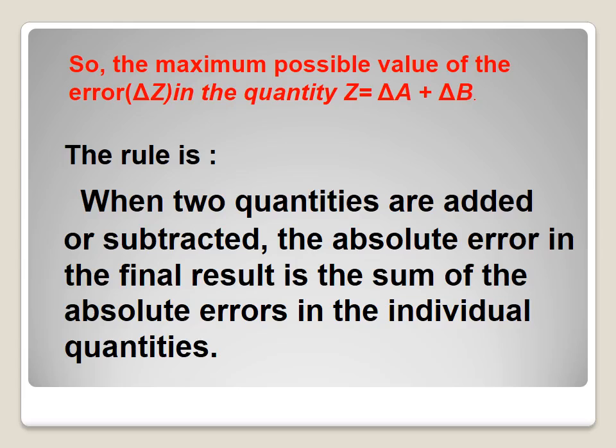For the error calculations of the sum and the difference of two physical quantities, this rule is used. When two physical quantities are added or subtracted, the absolute error in the final result is the sum of the absolute errors in the individual quantities.